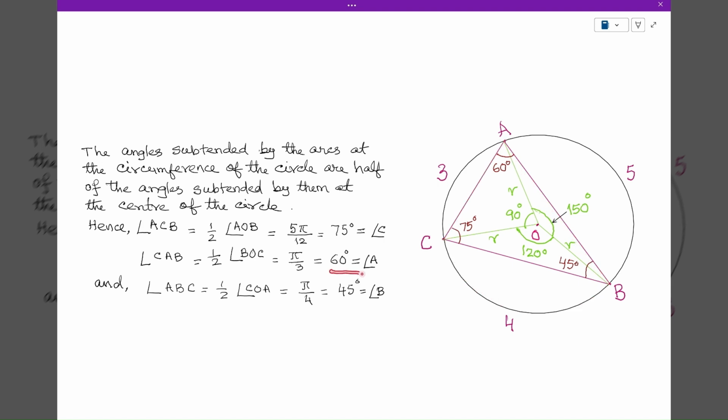So angle A will be 60 degrees. Similarly, angle B, which is subtended by this arc, will be half of its central angle 90. Therefore, angle B will be 45 degrees.